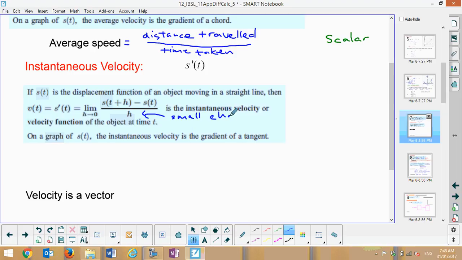So at velocity, again, because it's velocity, it's a vector, which I've got written straight below there. So whenever we talk velocity, we're talking vector, magnitude and direction. So we can take the first derivative of our displacement function to give us our velocity function.